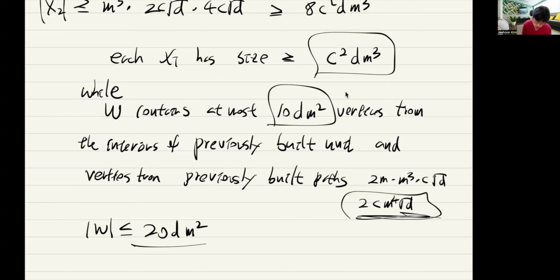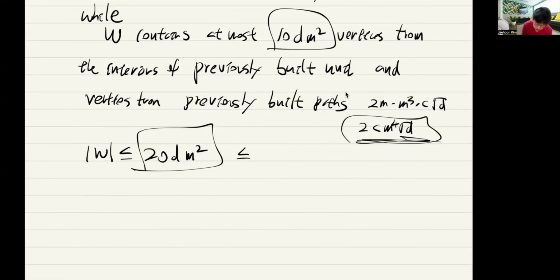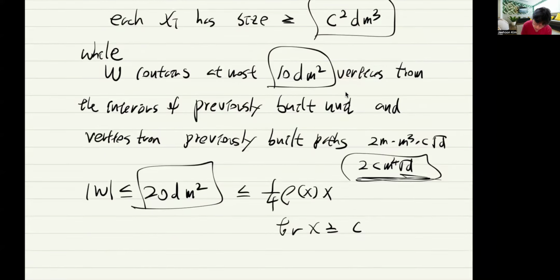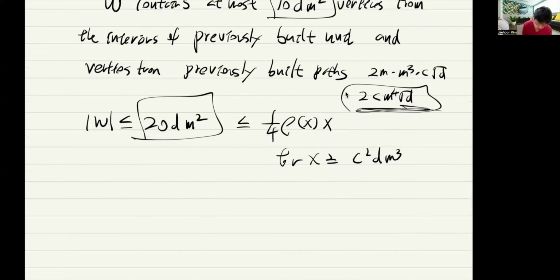And if you see, you have the same d, but the m has higher power. So this is smaller than like rho of x times x 1/4, for x bigger than say this.